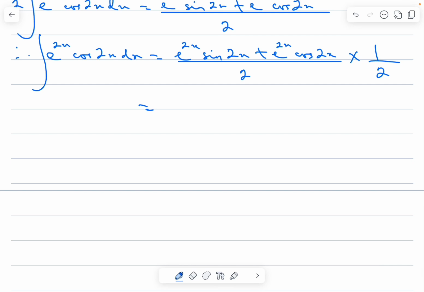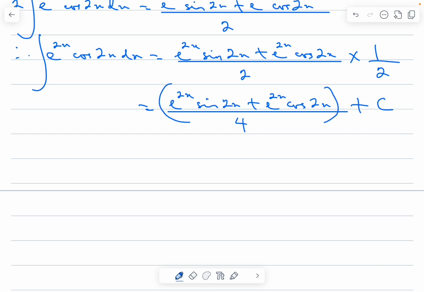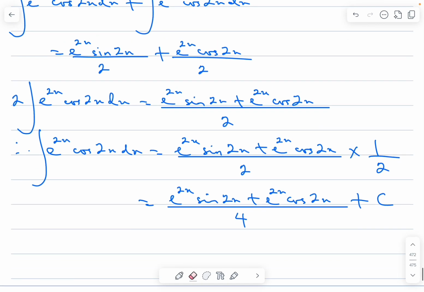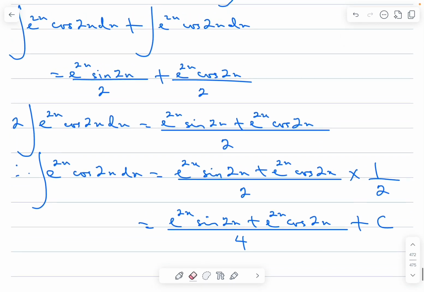I can write it this way: 1 over 4. E raised to power 2x sine 2x plus e raised to power 2x cos 2x all over 4 plus c. And if you like, I write that 1 over 4 into brackets, the whole of this numerator. And that is it, very, very simply.